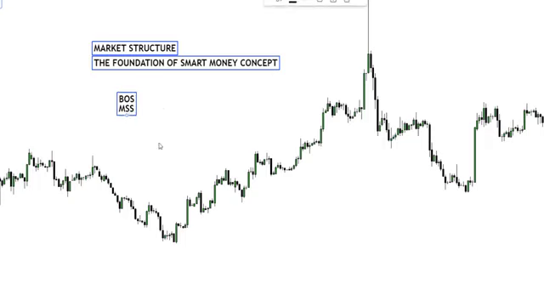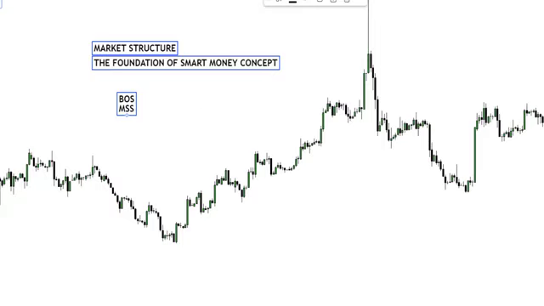What is break of structure? Now this is it. If you see a trend going upward, you only need a break of structure for price to keep going up, and going up. And secondly, you only need a market structure shift when price turns from an uptrend to a downtrend.